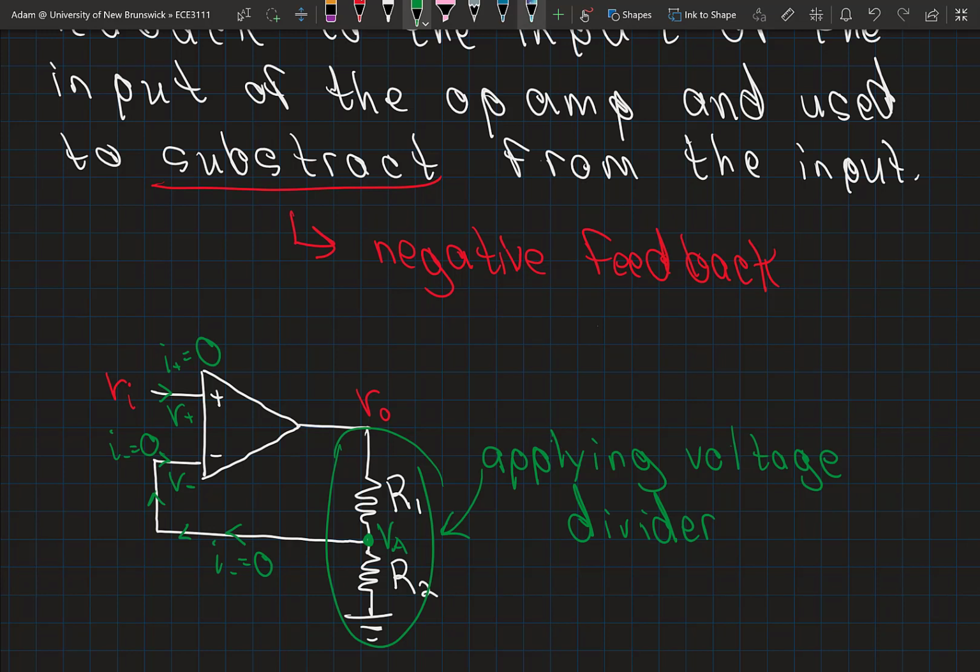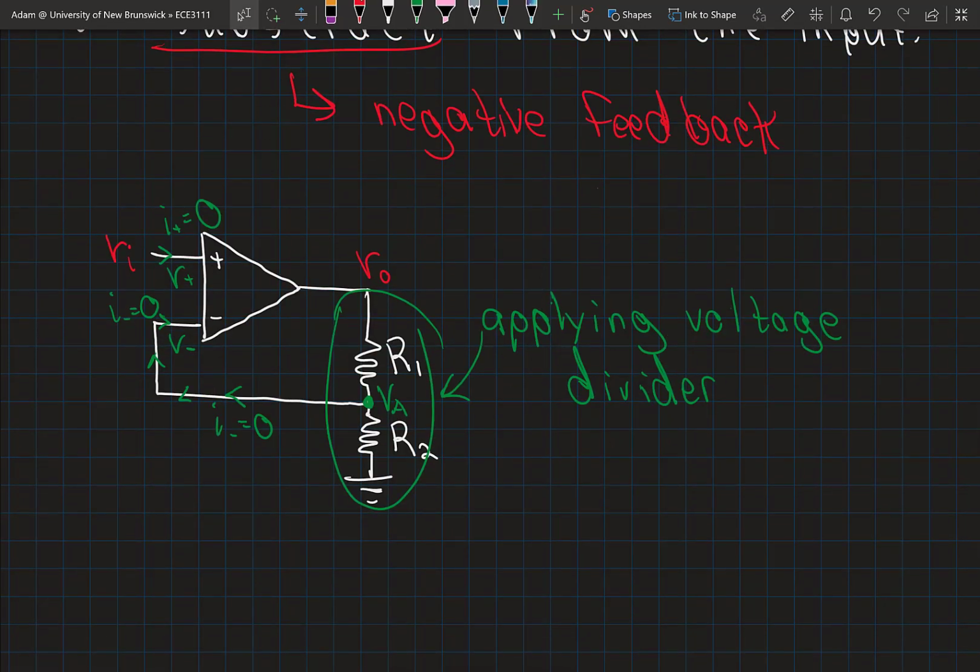Let's talk about another aspect of the op-amp that is going to be very helpful in analyzing this circuit. We said that we assume infinite open loop gain, so maybe I'll just write that down here.